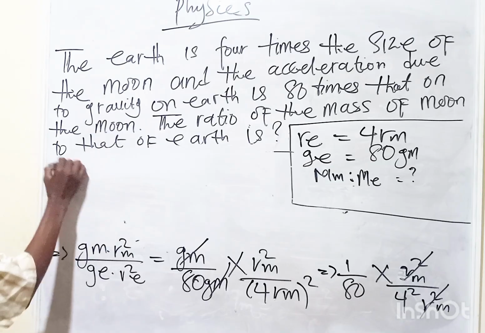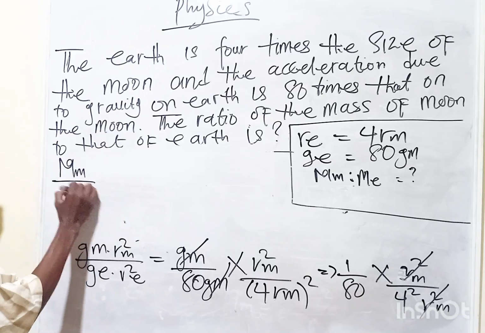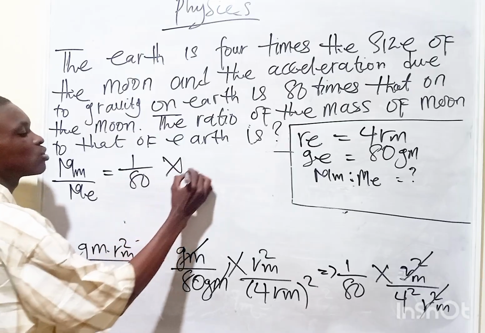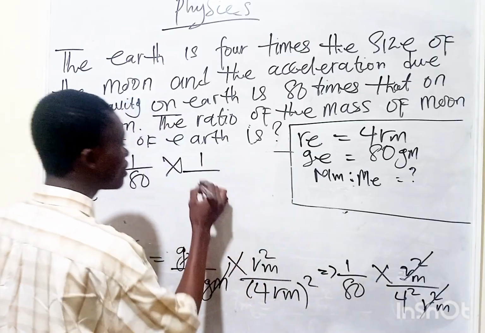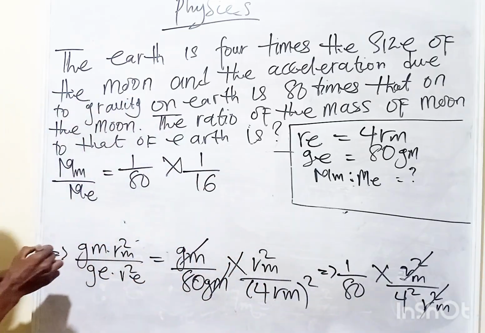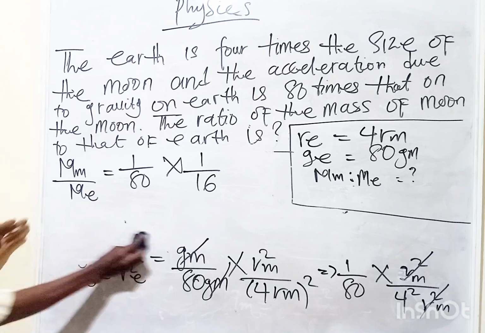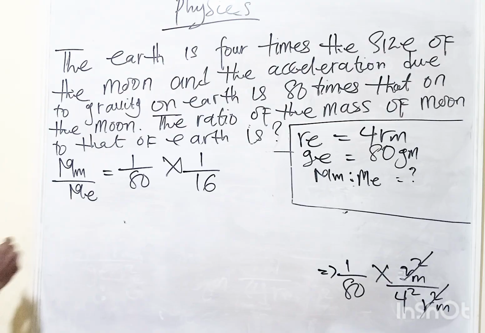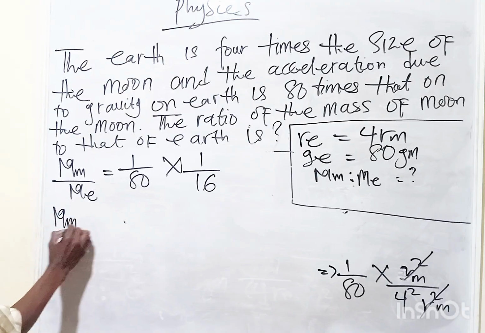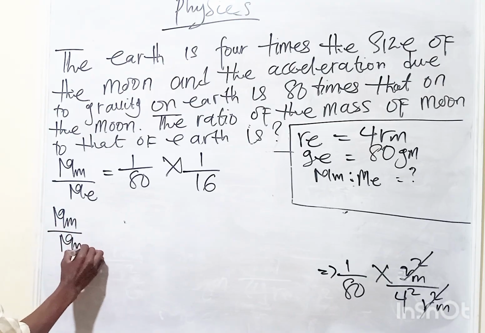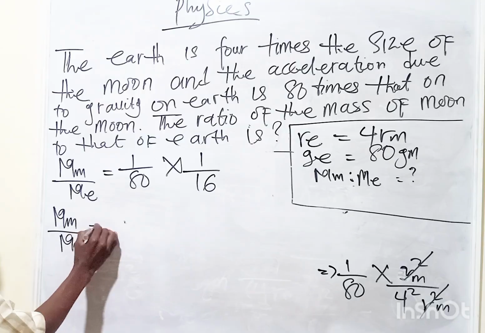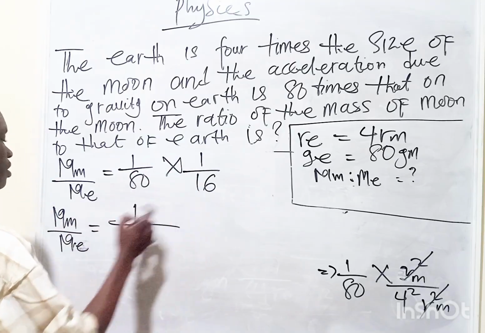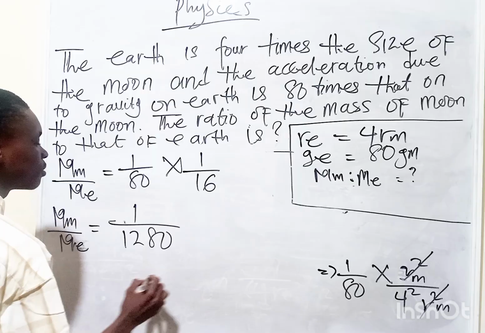the ratio of our mass of the Moon to that of Earth equals 1 all over 80 times 1 all over 4 squared, and 4 squared is 16. So mass of the Moon all over mass of Earth equals 1 all over 80 times 16, which gives us 1280.